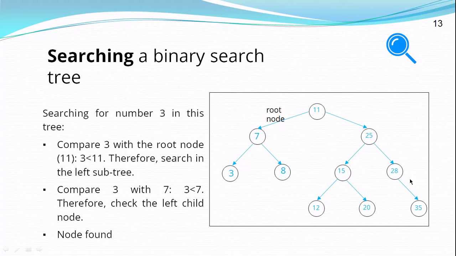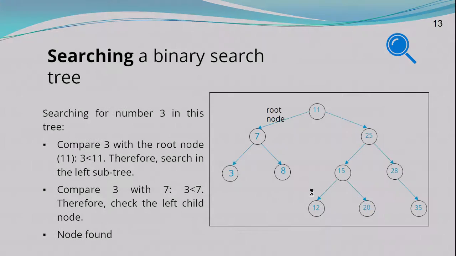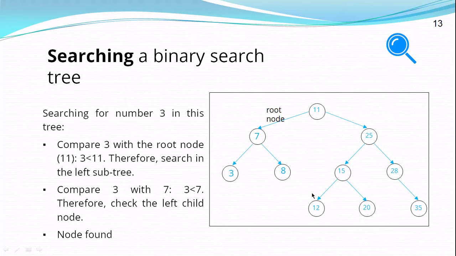In the example I've just chosen, I'm looking for 15. I'm completely ignoring the left-hand subtree and focusing on the right-hand subtree. And in 2 steps, I found what I'm looking for.